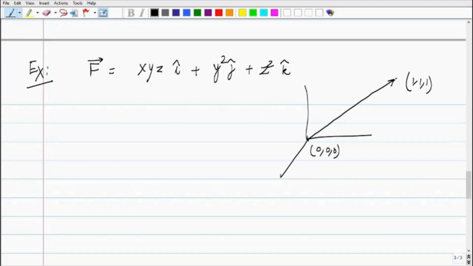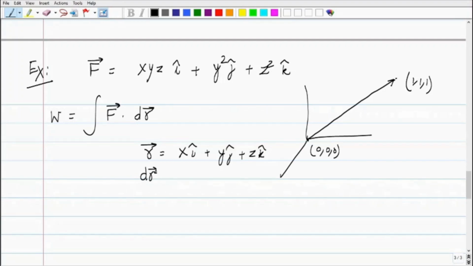Alright, so as per the definition, W is simply integration along the path of F dot dr. Okay, and what is r in this case? Here we are using Cartesian coordinate system. So position vector r is simply xi plus yj plus zk, and dr is then dx i plus dy j plus dz k.